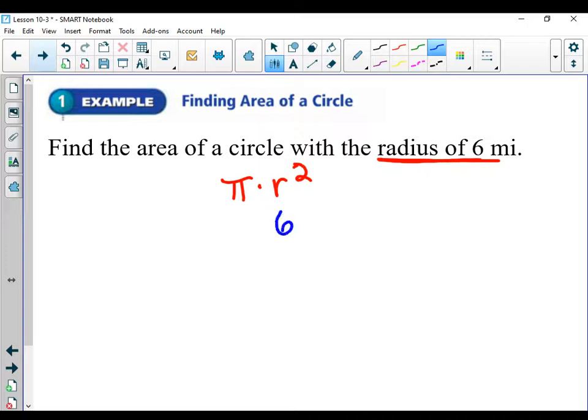This is your first box. Pi hops out, 3.14 hops in. And yes, Isabel, if we are doing radius squared first, which means radius times radius, 6 squared is now 36.